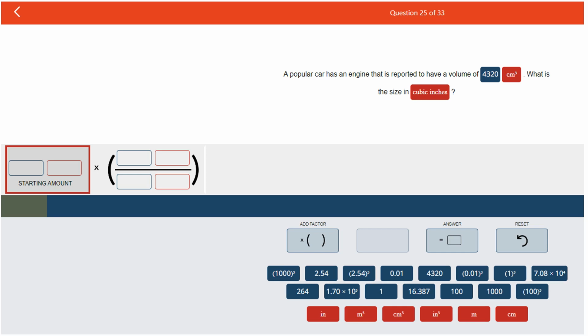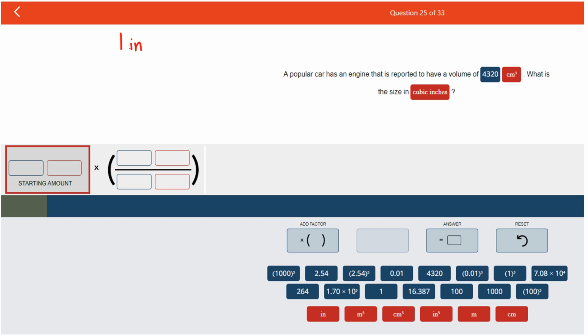So looking at number 25, it says a popular car engine is reported to have a volume of 4,320 centimeters cubed. What is the size in cubic inches? Last week on Friday, we started talking about this.